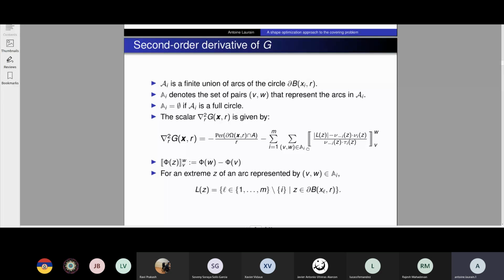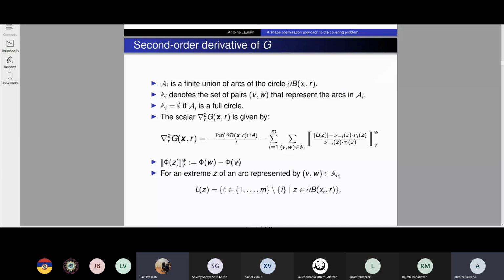And this notation is like an extension of the notation that you can use for integration by parts. So it's just the value of this quantity. It's defined here. So it would be a phi of z between v and w is the phi of w minus the phi of v.